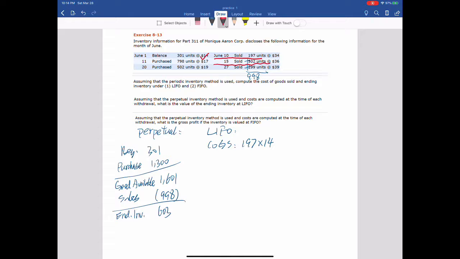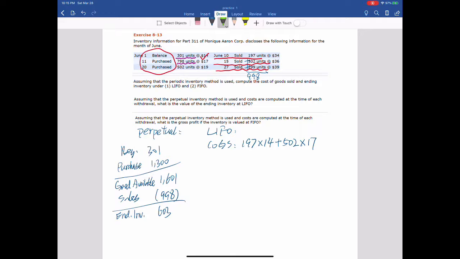For the second sale, there are two inventory layers available: the unsold inventory from the beginning, and the purchase on the 11th. The purchase on June 11th is last in, so it will be first out. The 502 should be from the purchase on June 11th, and the cost is 17. The last sale is after all the purchases.